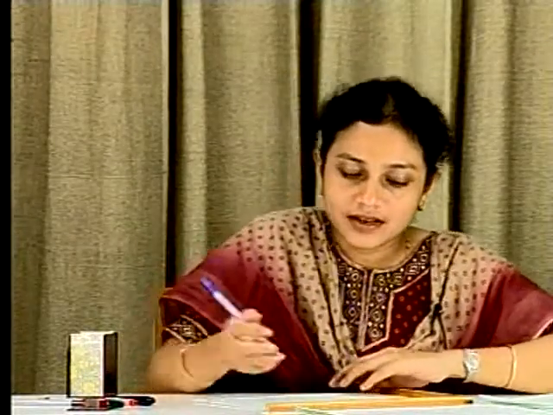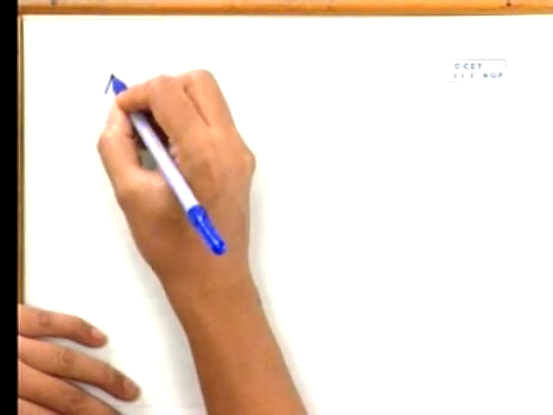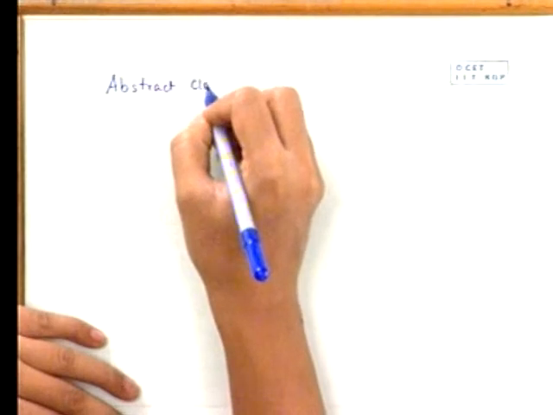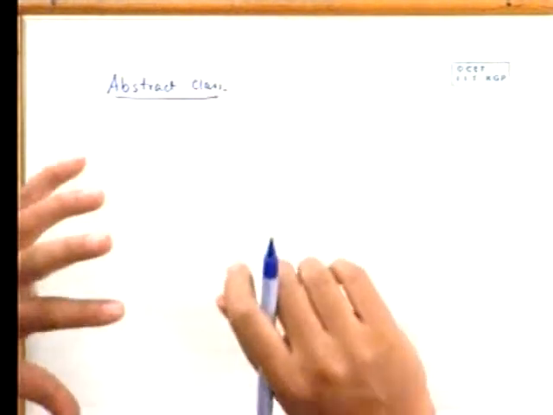Now let us look at what is an abstract class. An abstract class is a class which does not provide an implementation, and it is denoted by writing the name of the class in italics.